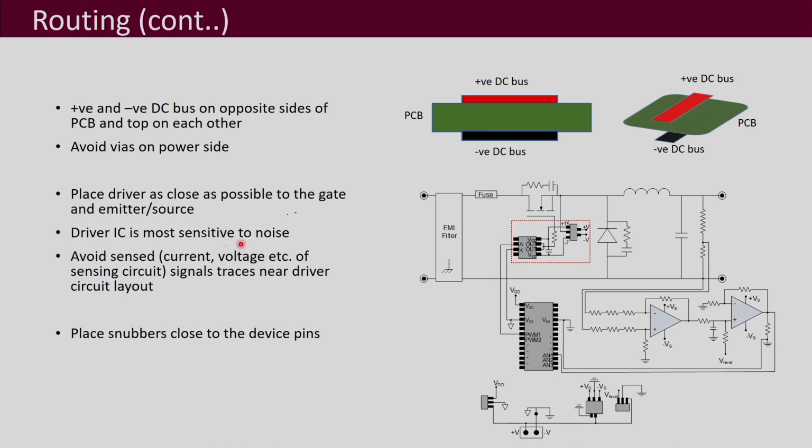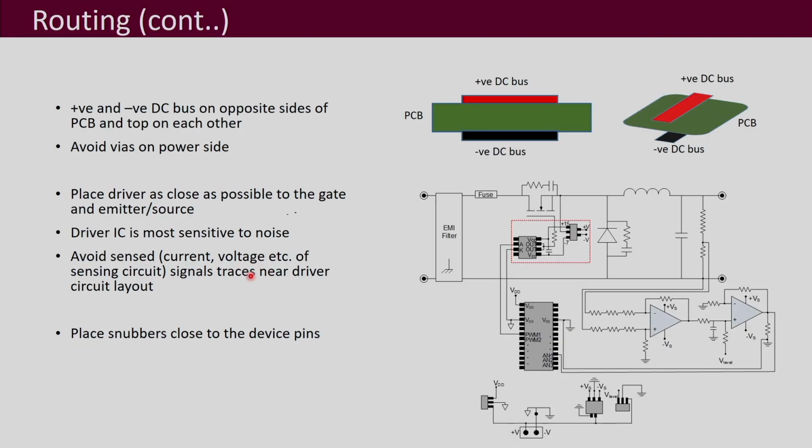And since the driver is very sensitive, avoid your sensitive signals, like your analog signals or sense signals, crossing the driver region. It should preferably not cross the driver section; all your currents, voltages and different sensed signals, those traces which are going to carry the sensed signal, they should be away from the driver area.